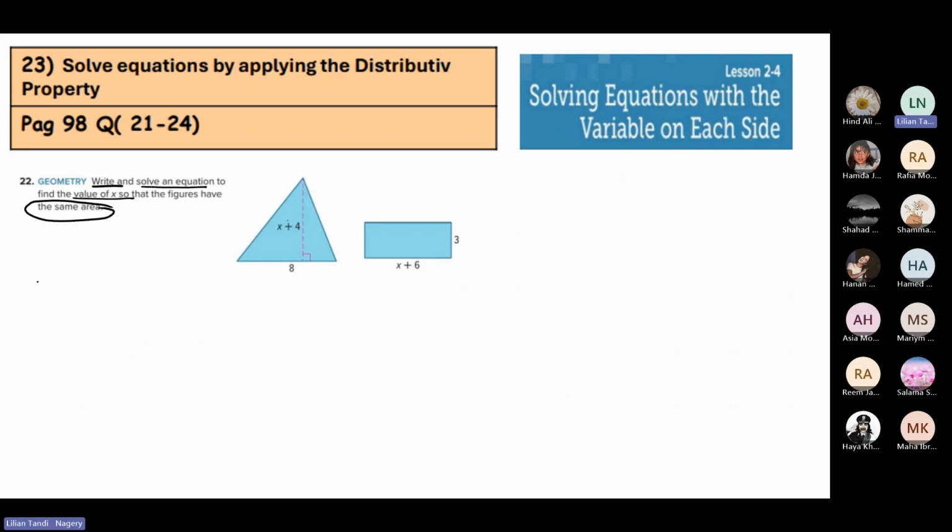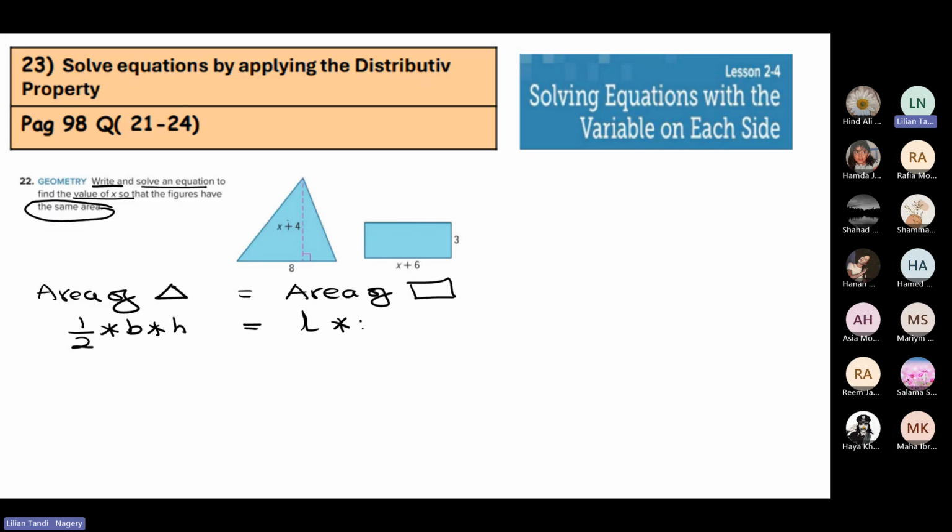So we're going to write here, area of triangle should equal area of rectangle. Area of triangle is half times base times height. No one will remind you this formula. You have been learning this formula since grade 3. It should be in your brain. No one is reminding you. You have to remember it by yourself. Are we together?